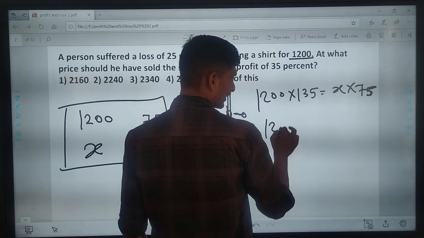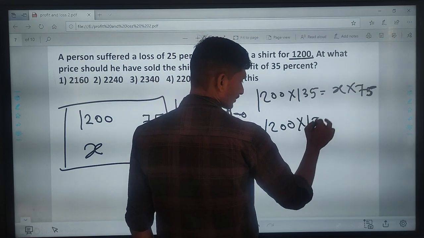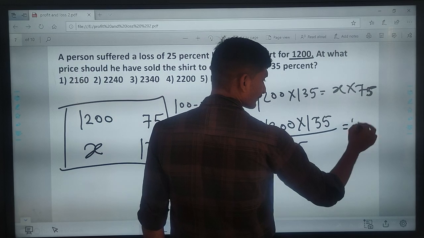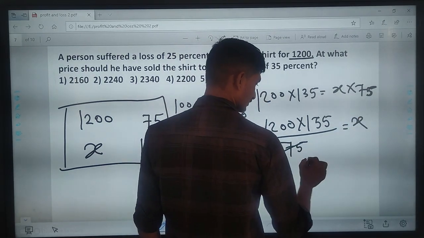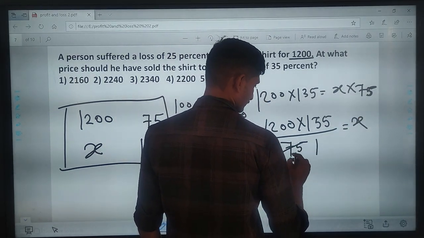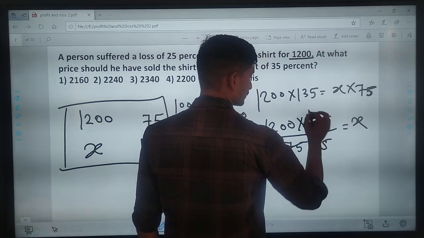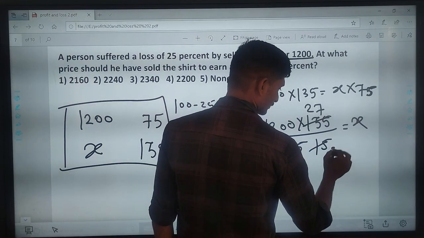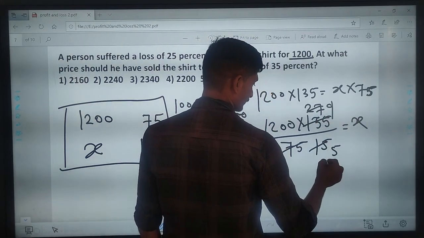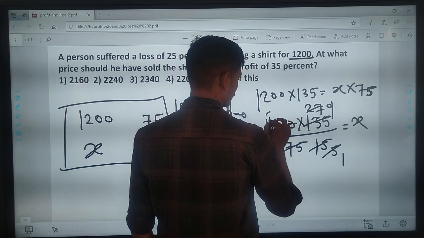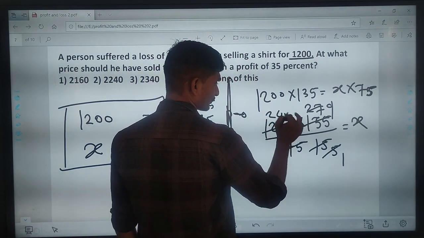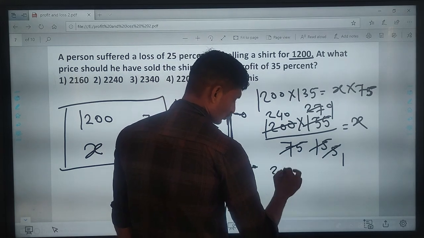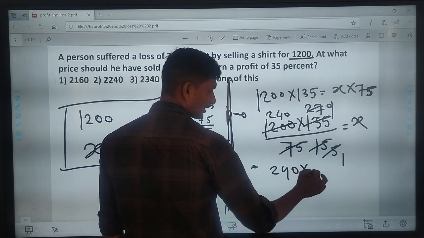Now here we write X is equal to 240 multiplied by 9.